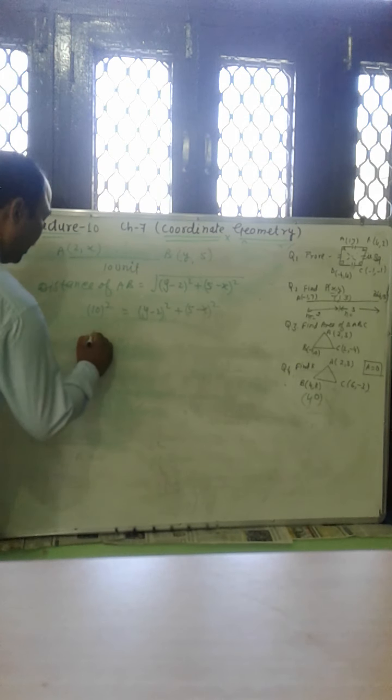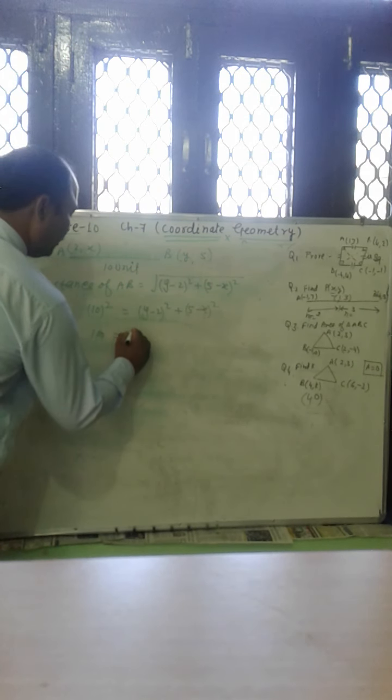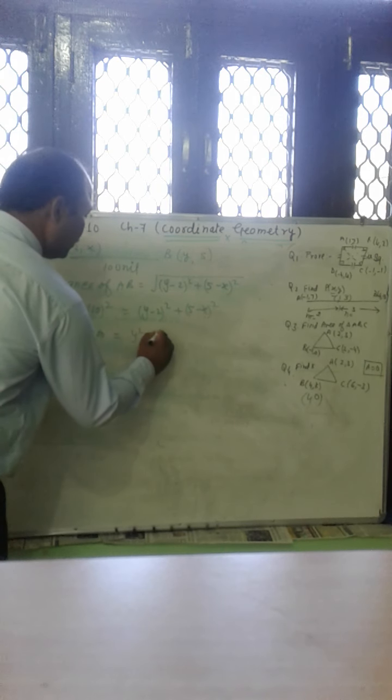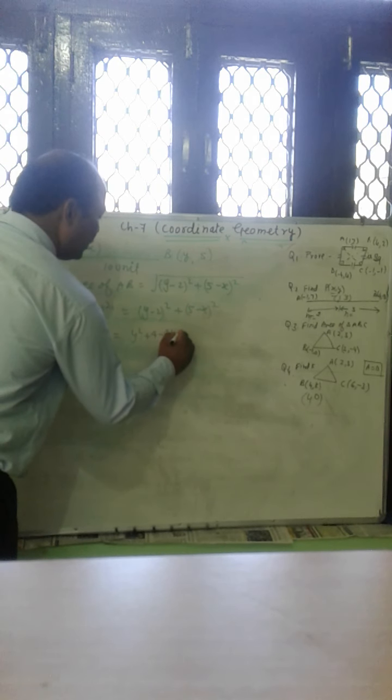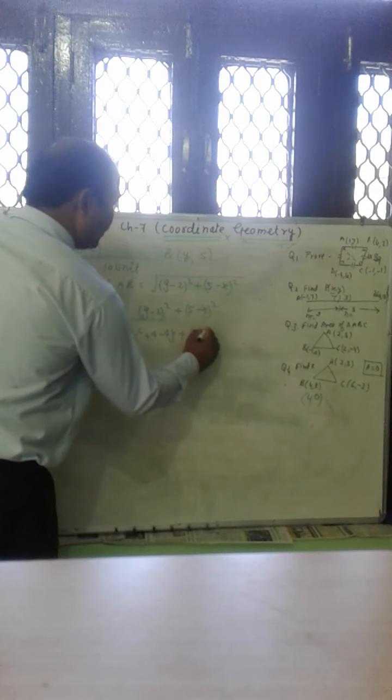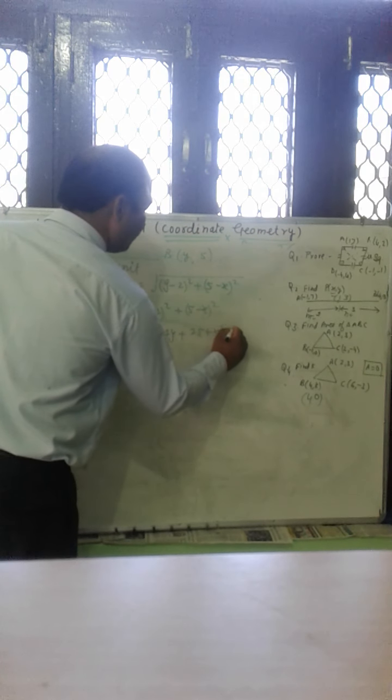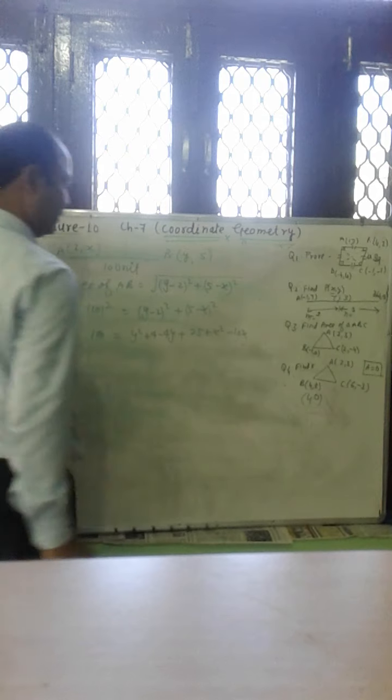Then 100 is equal to y square plus 4 minus 4y plus 25 plus x square minus 10x. Okay.